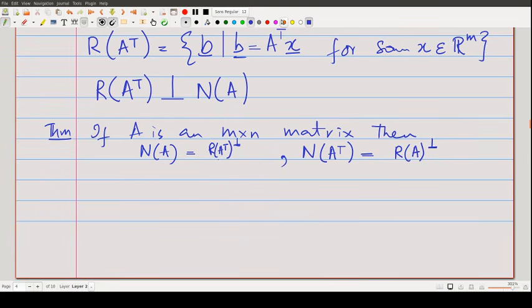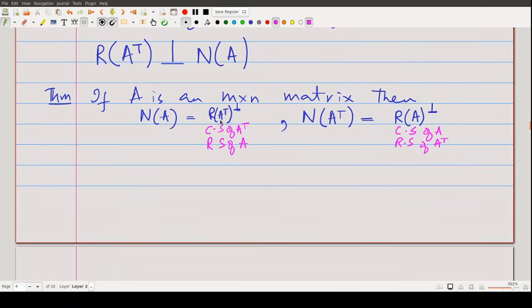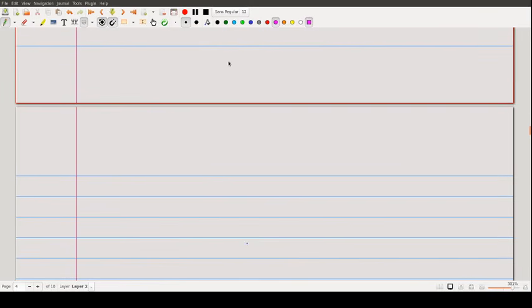This is not only the column space of A transpose, but it's also the row space of A. And similarly, if you call this the column space of A transpose, then it's also the row space of A. Okay, and so the null space of A will be the orthogonal complement of the row space. And so let's prove this first, and once we prove this, we'll be able to use it. Okay, and so here's the proof.